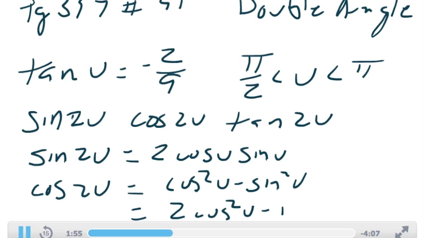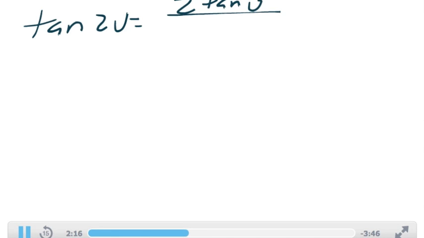Pick whichever form of that you want to use. All right. The tangent of 2u is 2 tan u over 1 minus tan squared u.